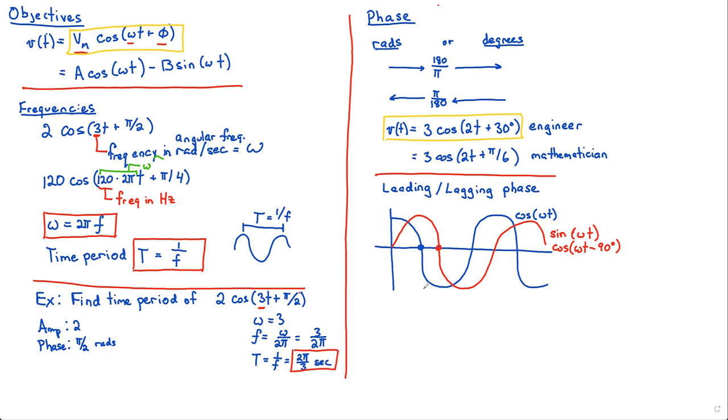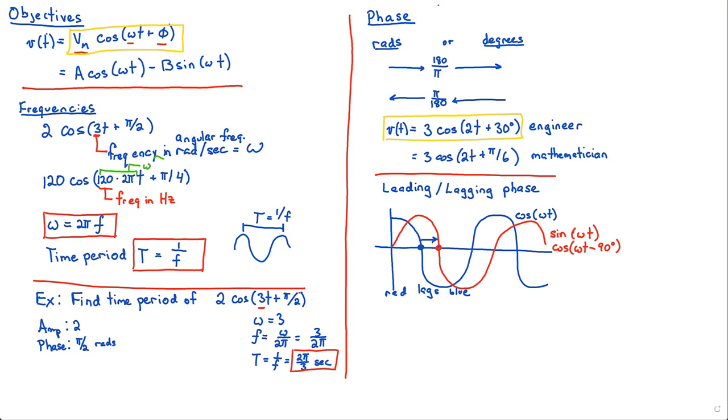So therefore, this distance here, we call this a lag. And so we say here that the red waveform lags the blue waveform. And if we had shifted that red waveform much to the left, we would then say that the red waveform leads the blue waveform.